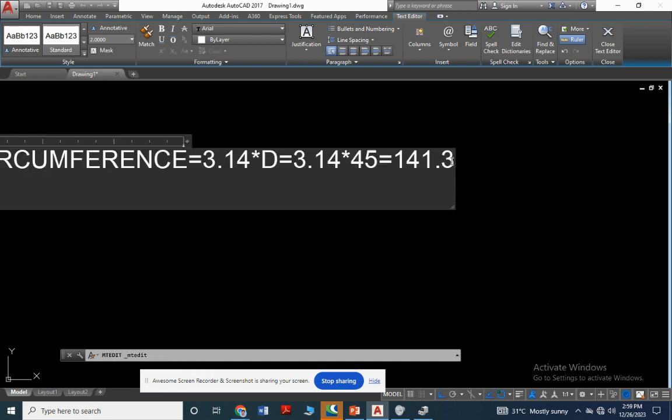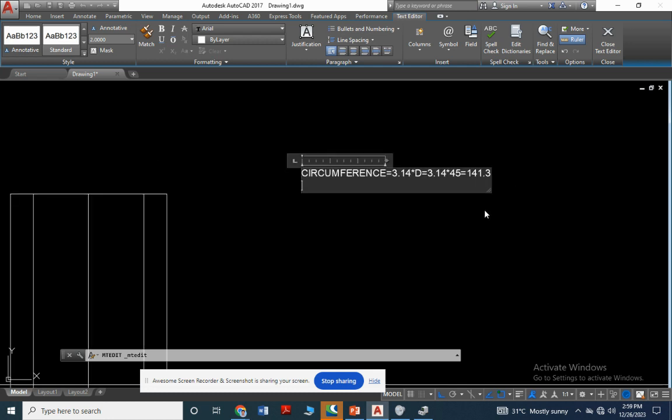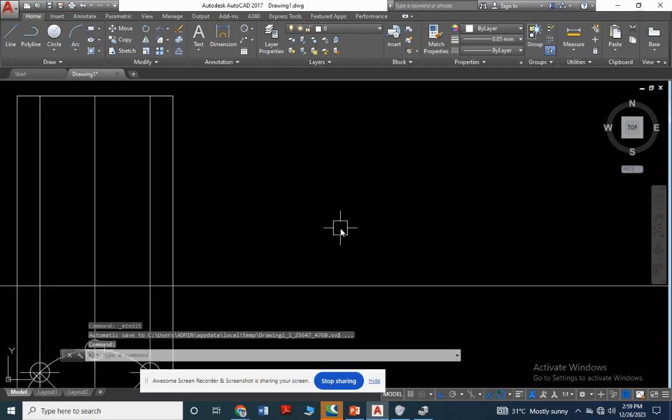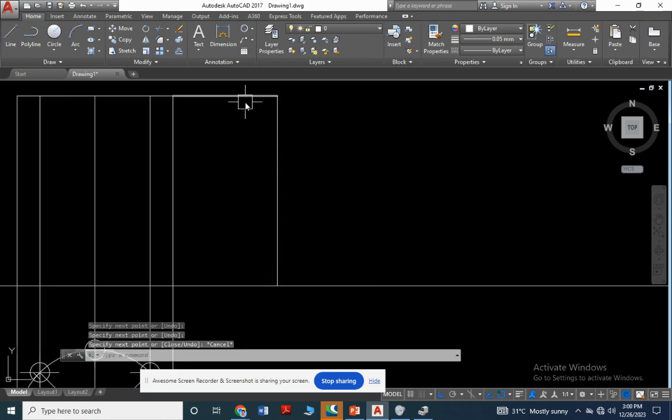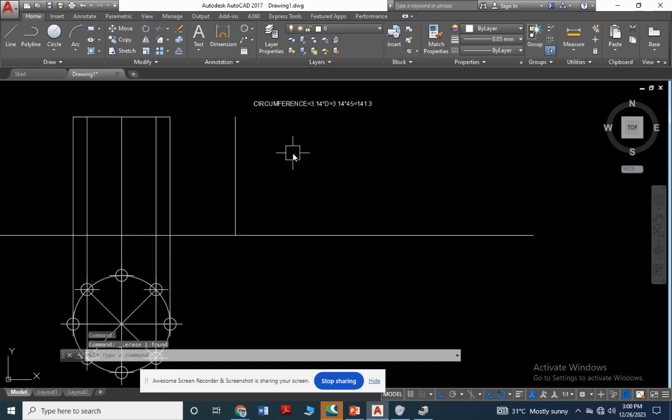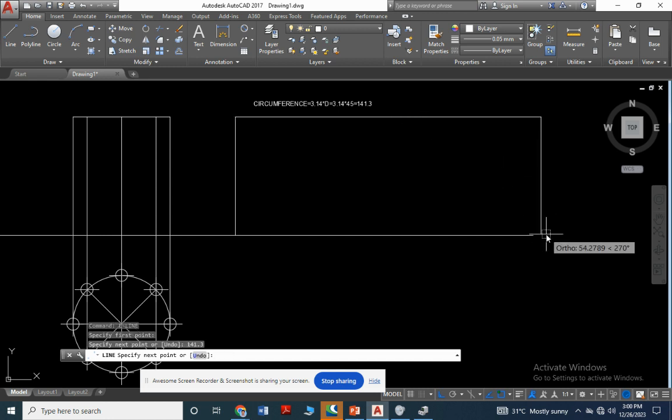141.3. Now approximately I select the line. The total length is 141.3.